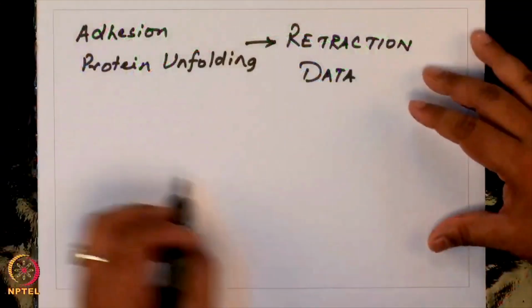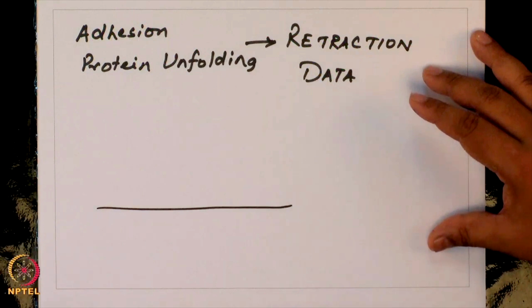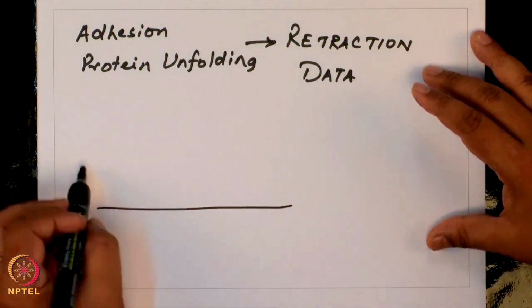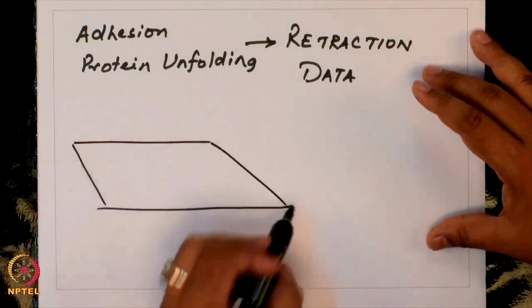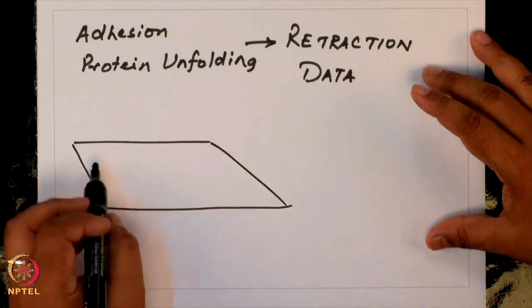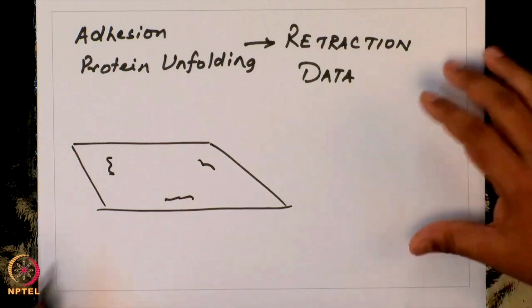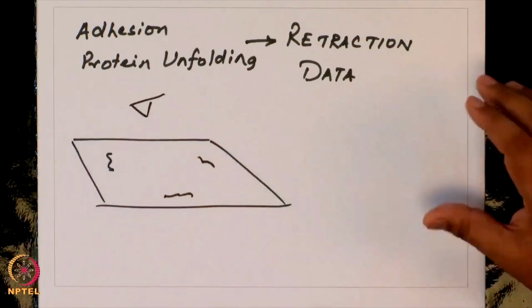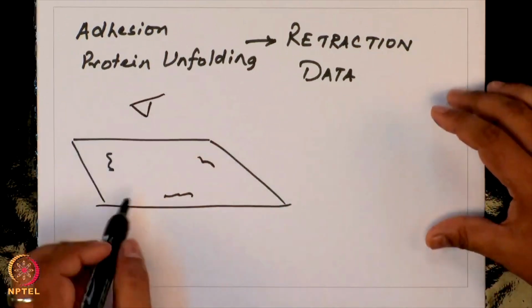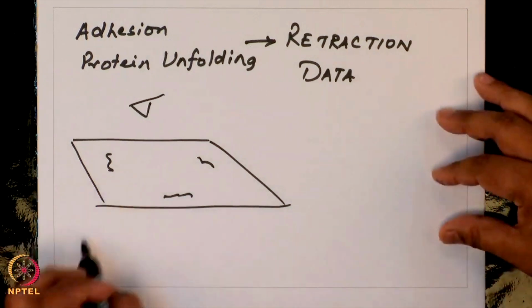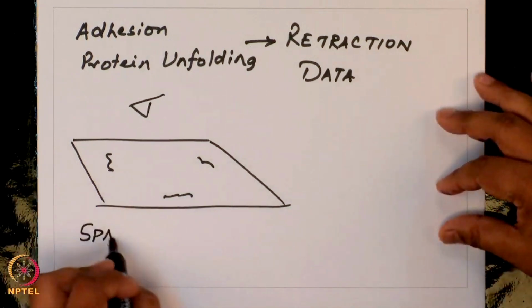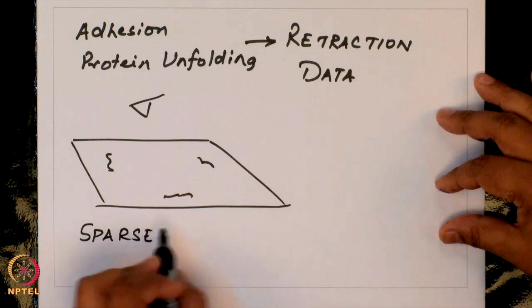So, that is clear now. In our case of protein unfolding, let us say I have a surface. If I draw it like this, I have a surface and I have the protein which is anchored at some point, and you have this tip here. For protein unfolding studies, you want to operate at sparse concentrations.